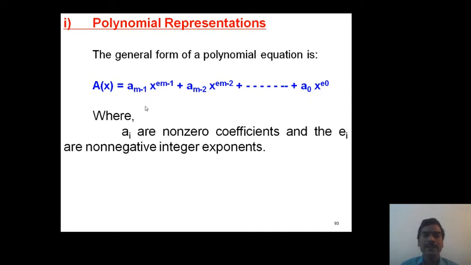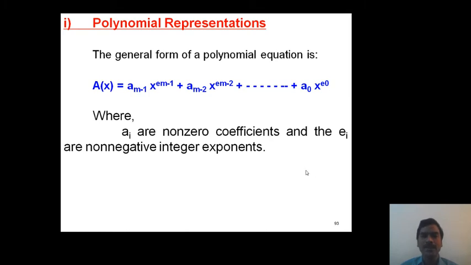Here a suffix i refers to non-zero coefficient values and e suffix i refers to non-negative integer exponents. So a suffix i are coefficient values, e suffix i are exponent values.